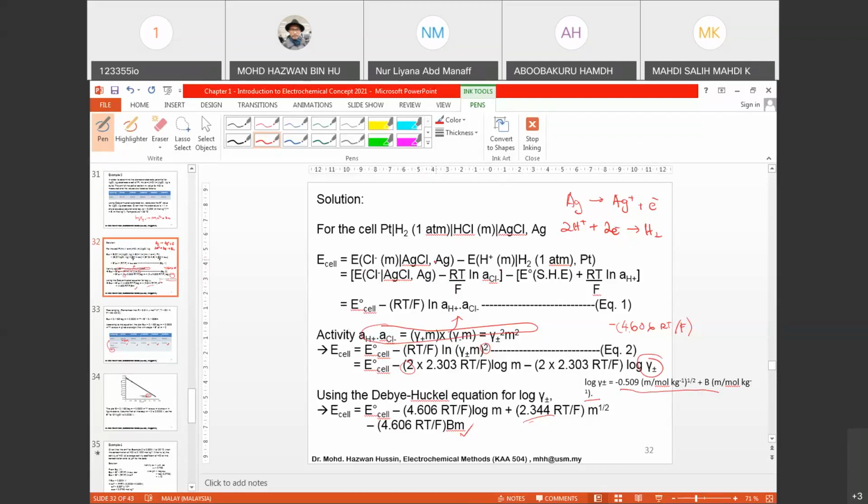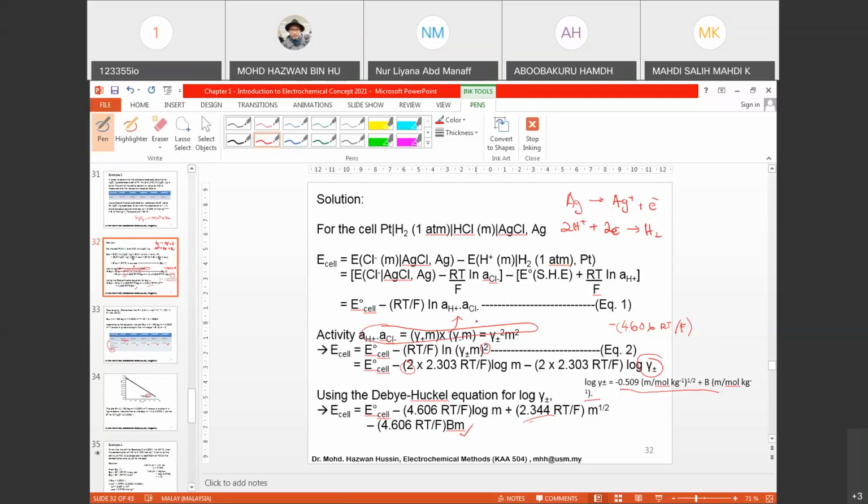After I simplified, because Ag and AgCl are in the form of solid, they will not be taken into account. So after cancellation, what's remaining is only H plus and Cl minus. After I combined the anodic and the cathodic part, the final representation will be like this.